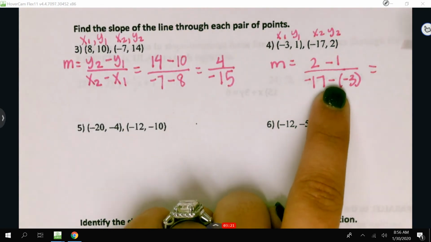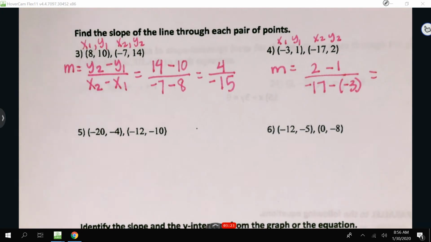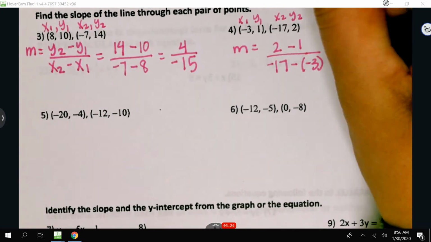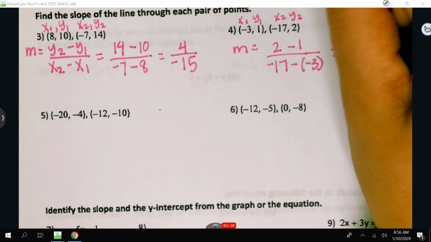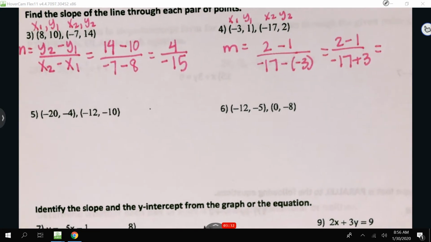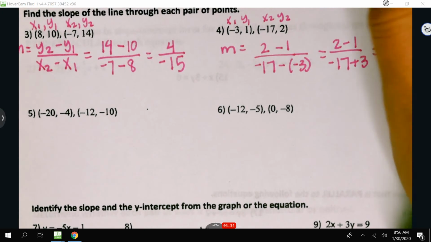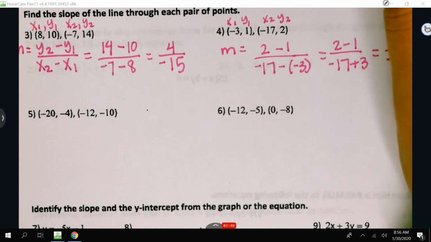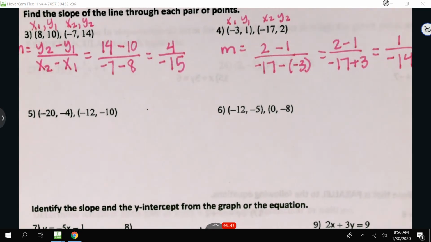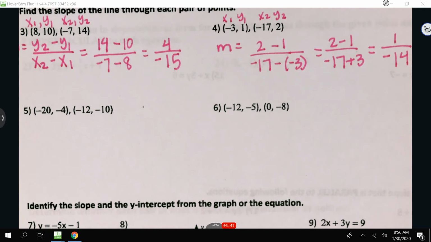So when I have a minus and a negative, what does that actually change to? Positive. That's going to change to a positive. So this would be 2 minus 1 over negative 17 plus 3. Okay. So 2 minus 1 is 1. What's negative 17 plus 3? Negative 14. Good. So that slope is 1 over negative 14. Any questions so far?